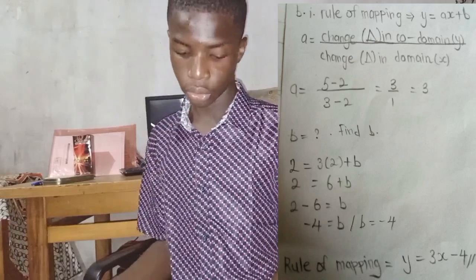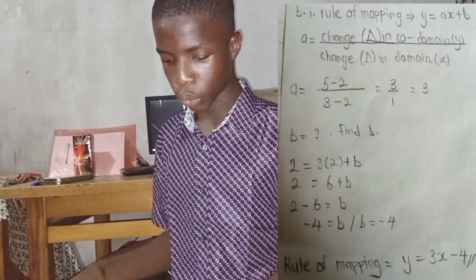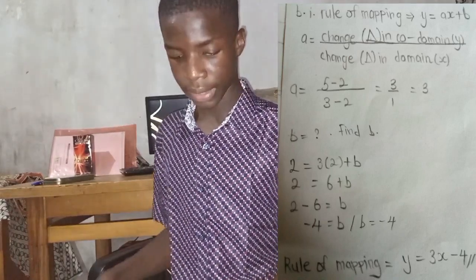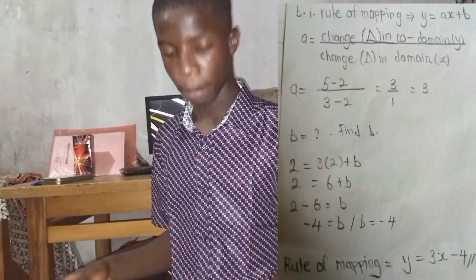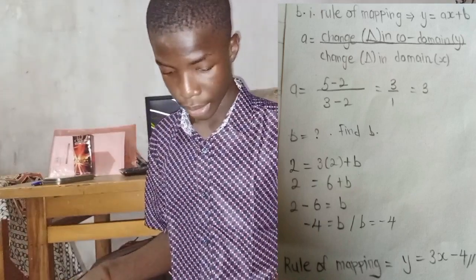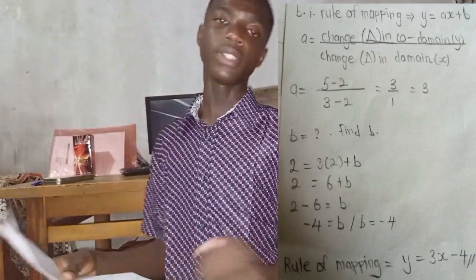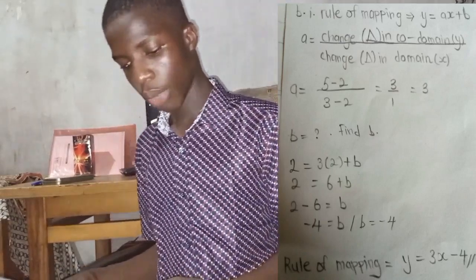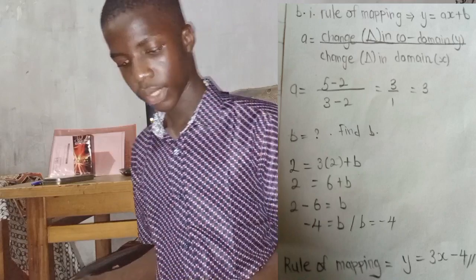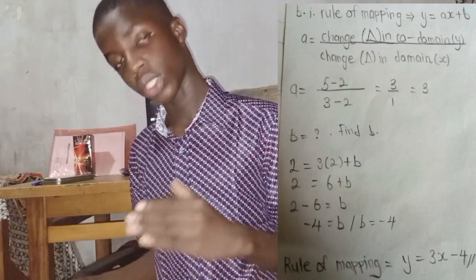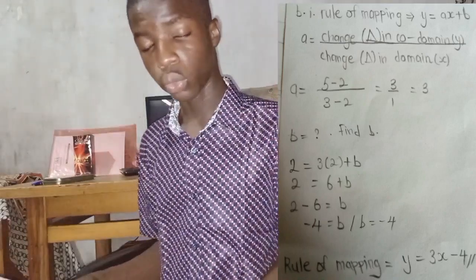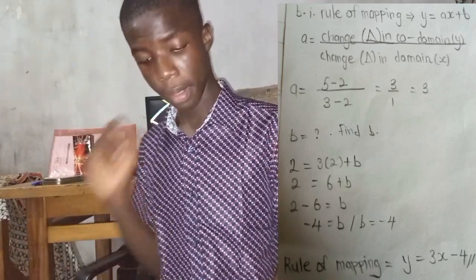So y, which is 2, is equal to a, which is 3, times our x, which is 2, plus b. We don't know b. So 2 is equal to 3 times 2, 6, plus b. So now we group like terms: the 6 crosses the equal sign, then it changes its sign to negative. So 2 minus 6 is equal to b.